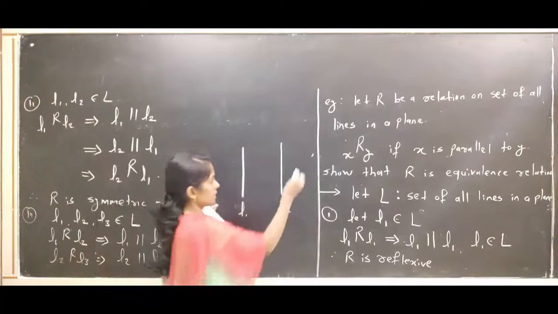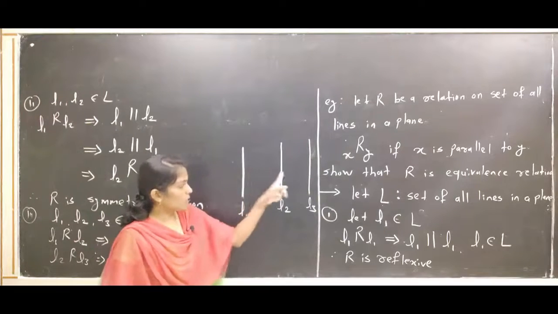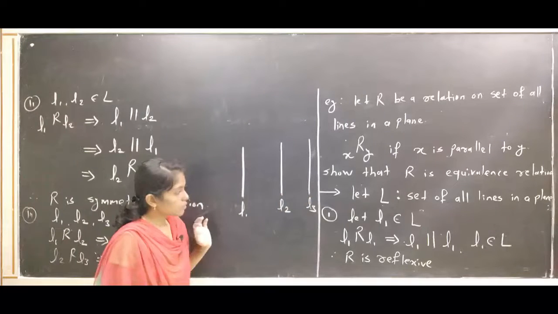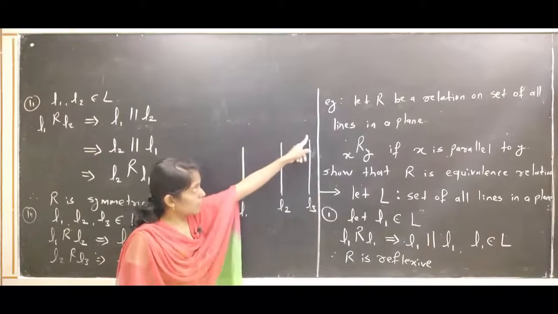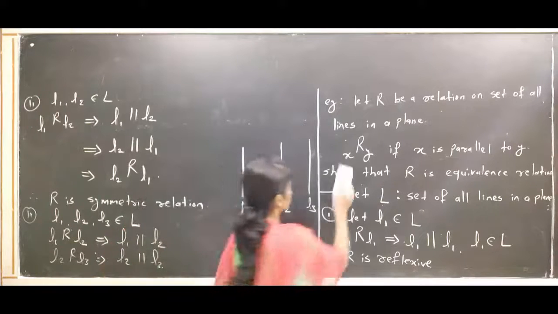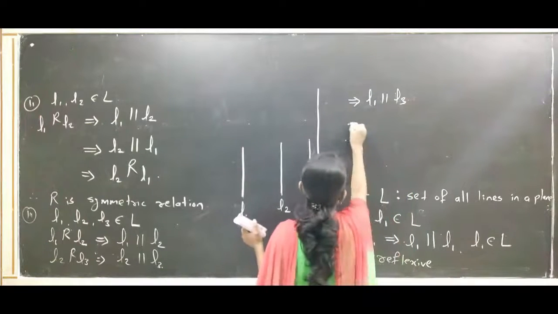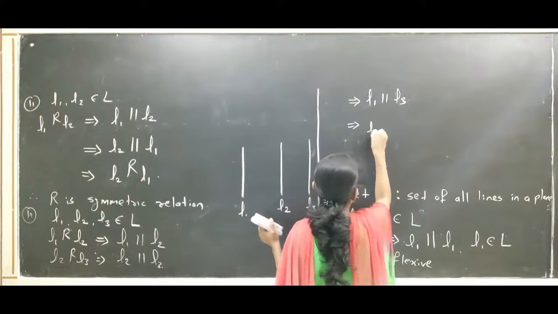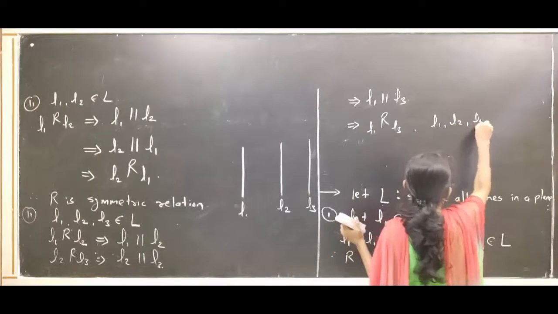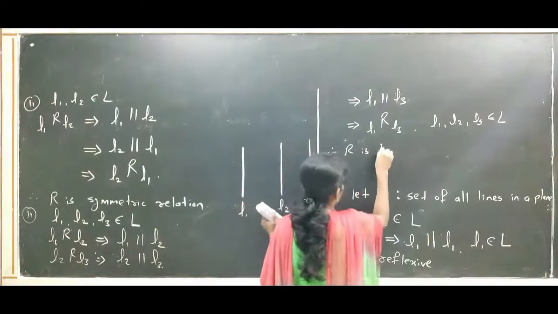Observe this figure: L1 is again parallel to L3. So we get L1 parallel to L3, which implies that L1 is related to L3, for L1, L2 and L3 belonging to set L. Therefore, R is a transitive relation.